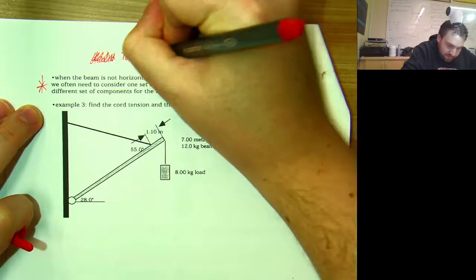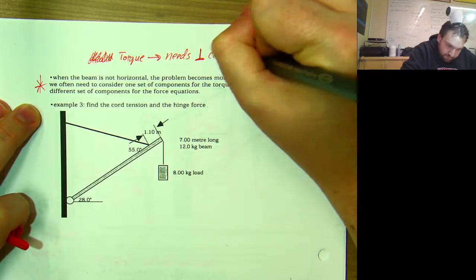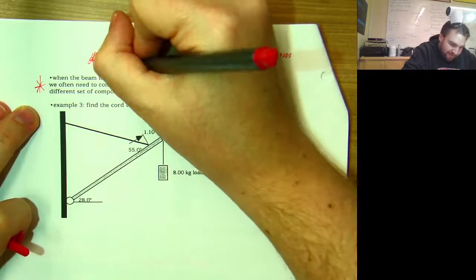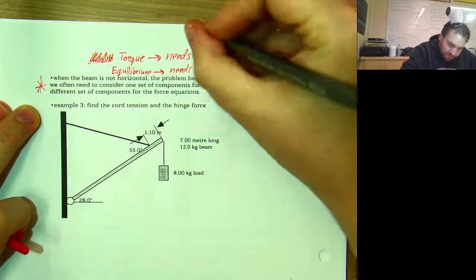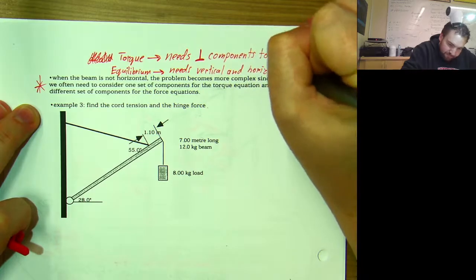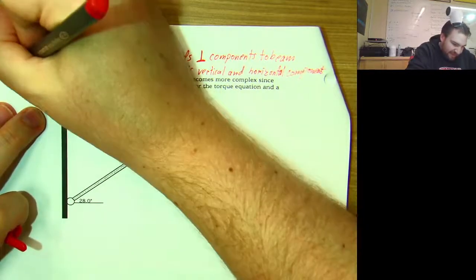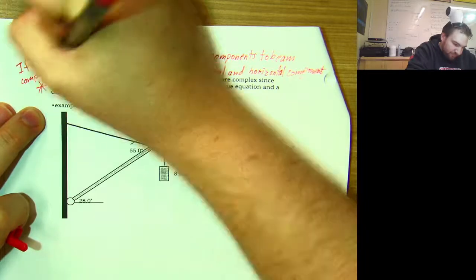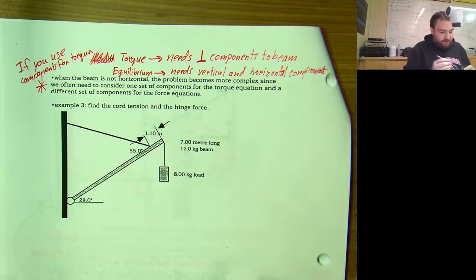Torque needs perpendicular components to the beam, but equilibrium needs vertical and horizontal components. If you use components for torque.